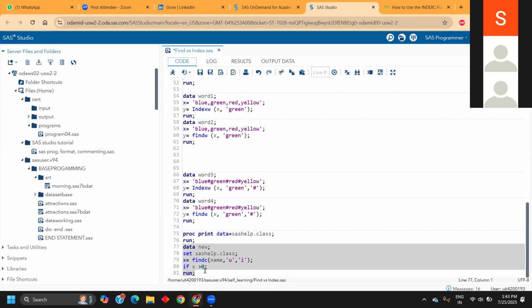Can't you use the same kind of functionality on your FINDC? So now tell me, what was the explanation for CMISS? CMISS is the number of missing values, the number of character missing values.